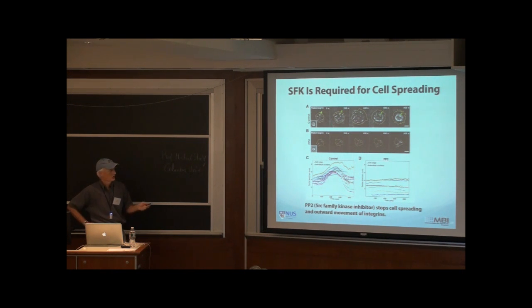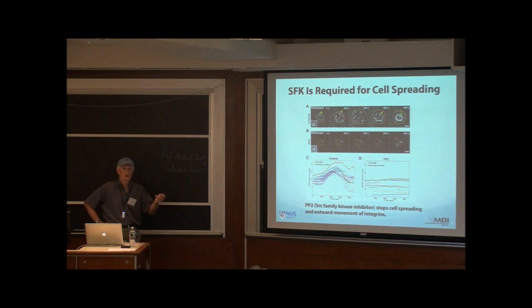Okay. So this is in a case where that 20% or so will spread on the supported bilayers without the lines. If we now inhibit Src family kinases with the inhibitor PP2, we find that we don't get the accumulation of actin, we don't get the spreading, or the contraction that follows.